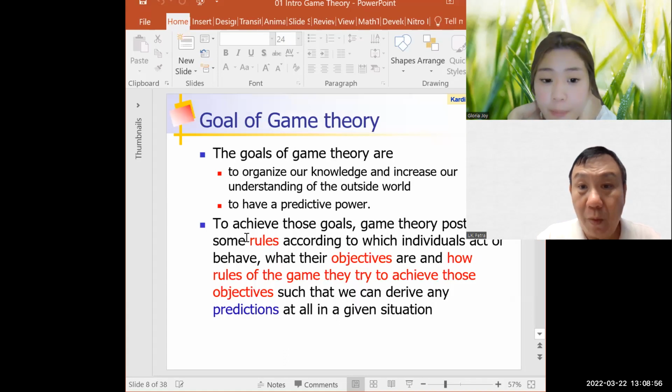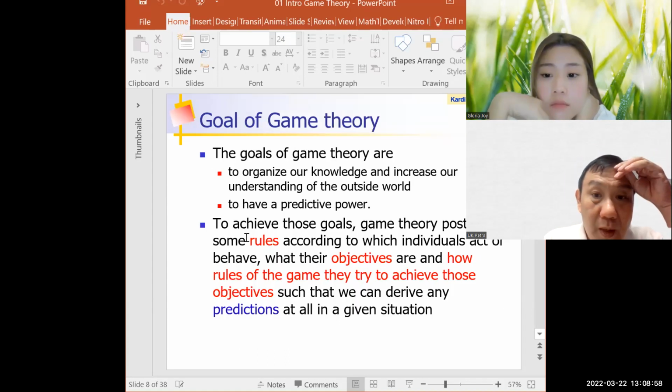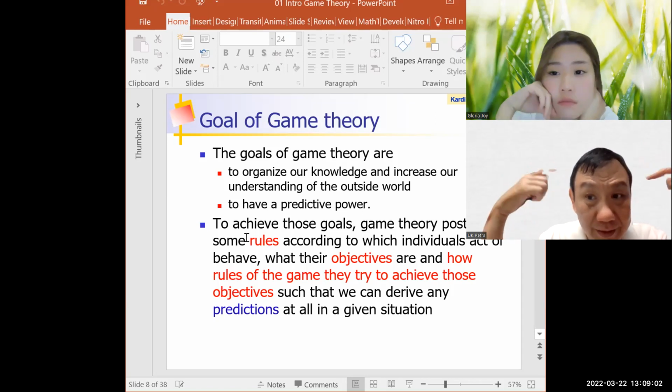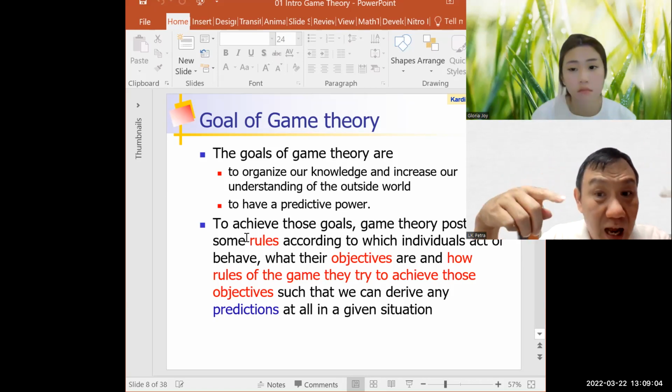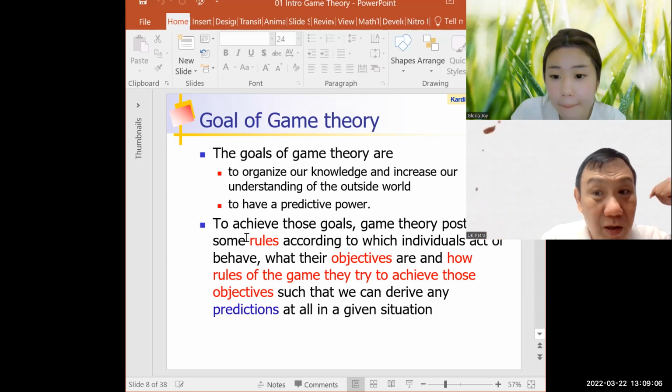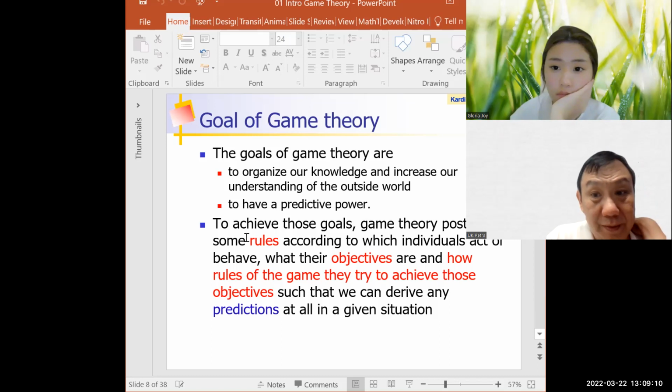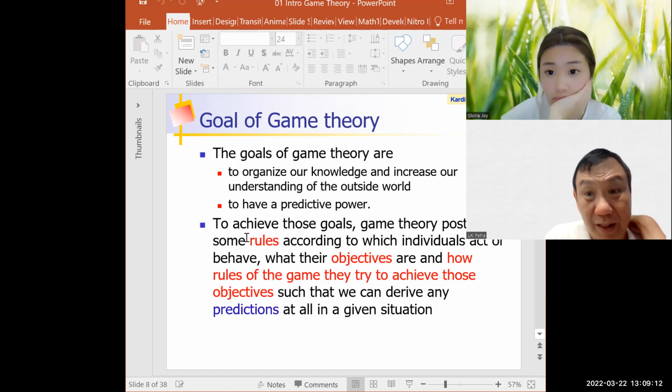Okay, so what is the goal? The goal of game theory is to organize our knowledge and increase our understanding of the outside world. You want to predict the actual outcome, so there is a prediction power. To achieve this goal, of course, we need to create rules, right?